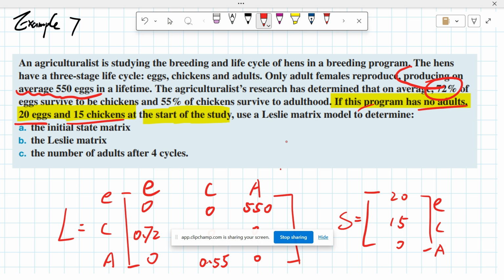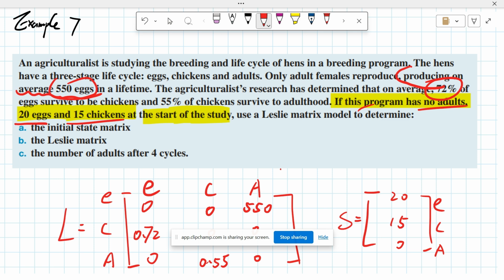For the Leslie matrix, we start with eggs, chicken, and adults. We start with 550 eggs in the lifetime, which is producing the eggs.